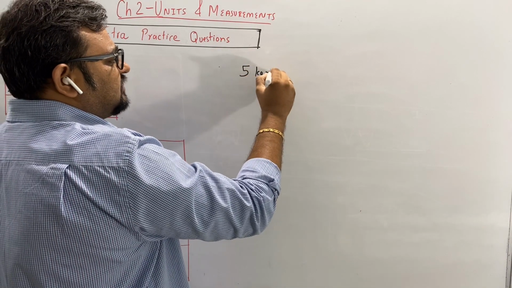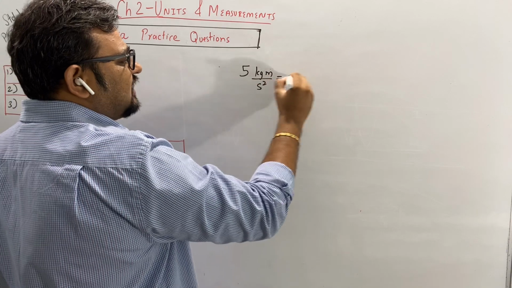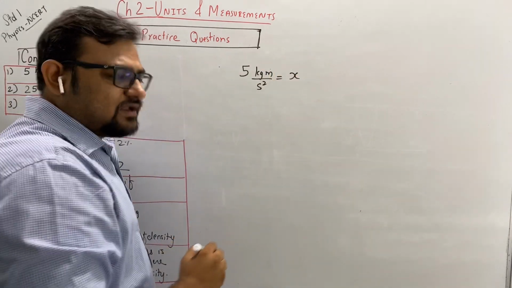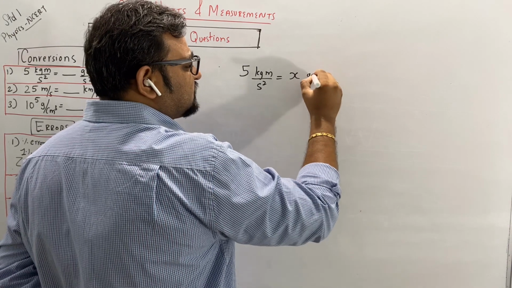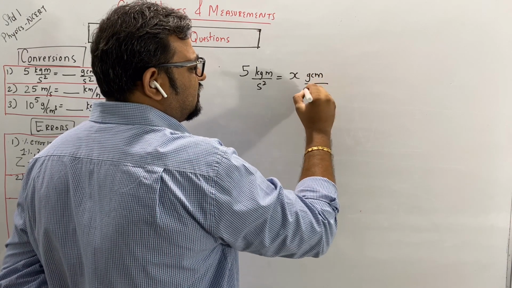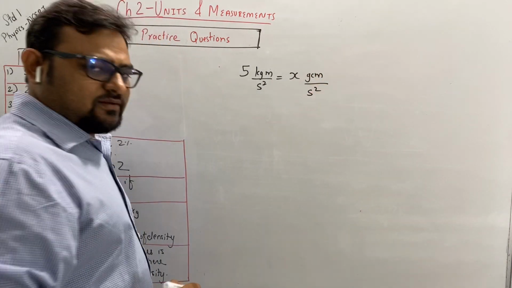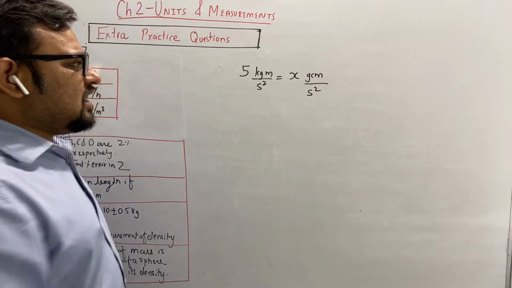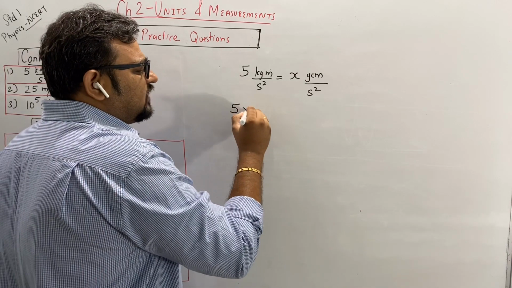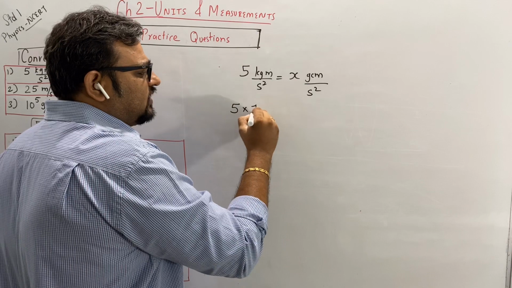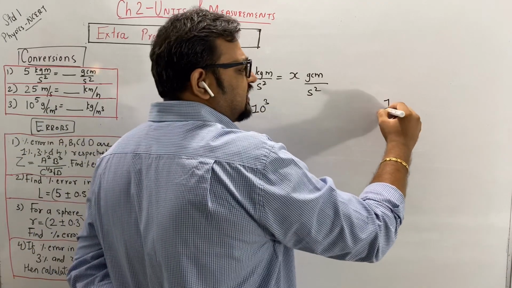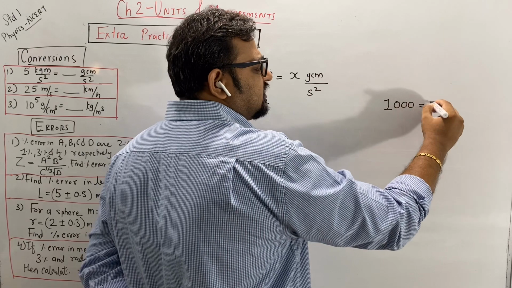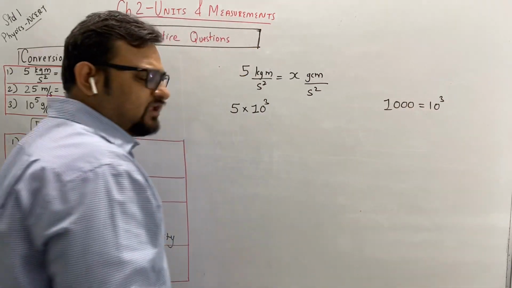5 kg meter per second square. Let's assume it as x gram centimeter per second square. Clear? So now, what is 1 kg? 1 kg is equal to 1000 gram, so 10 raised to 3. I can write 1000 equal to 10 to the power 3.